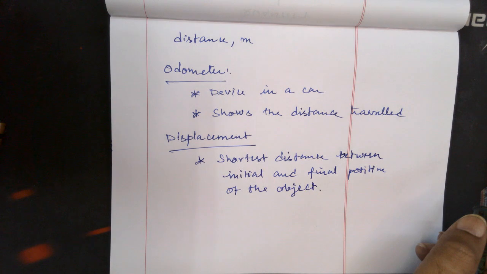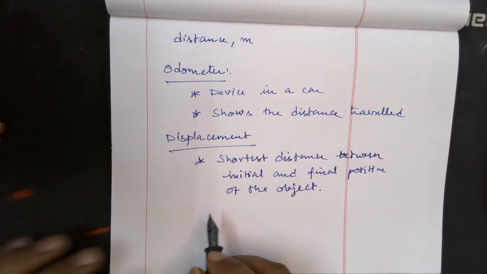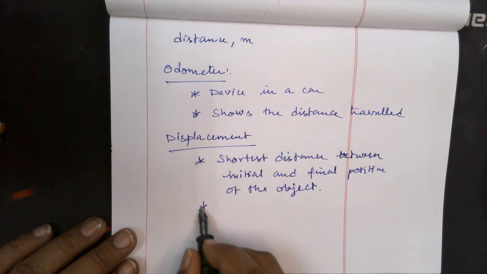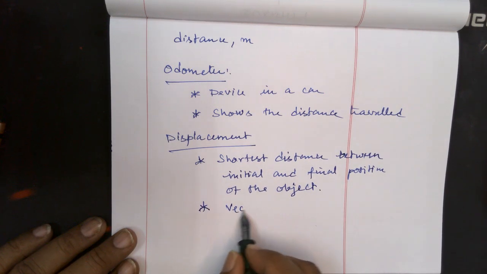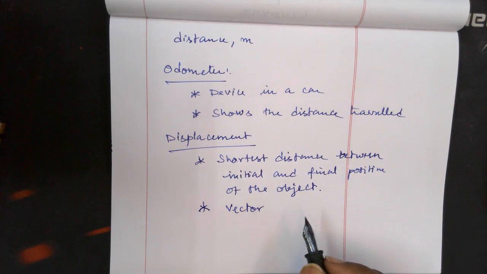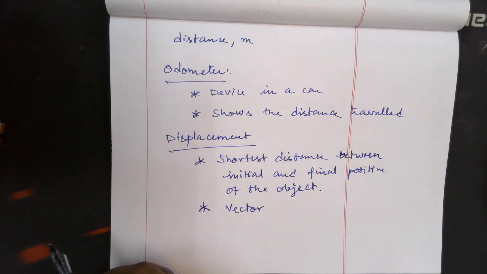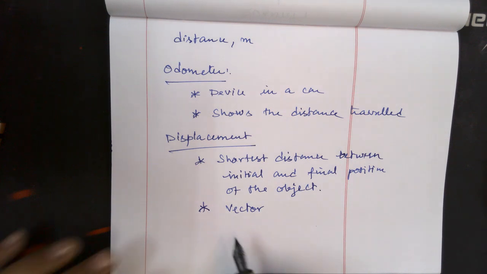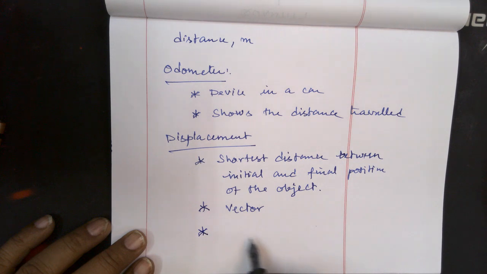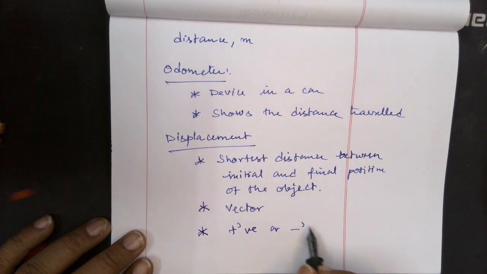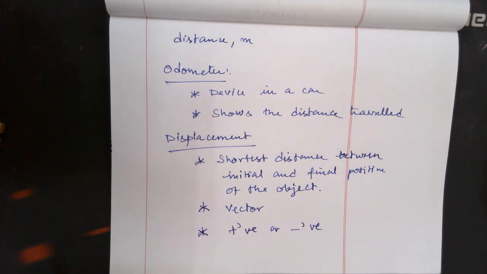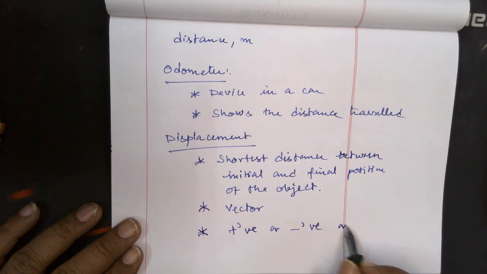Right? Displacement is a vector quantity. The displacement can be positive or negative, and even it can be zero.